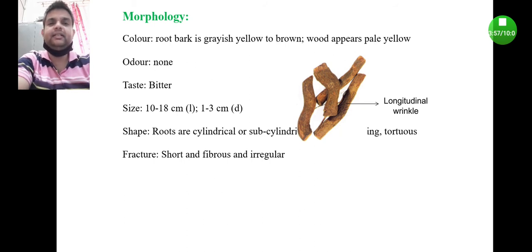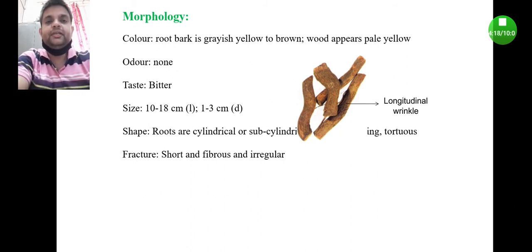Odor: generally the dried root does not have any odor, whereas the taste is bitter due to the presence of alkaloid. Its size is 10 to 18 centimeter in length and 1 to 3 centimeter in diameter. The shape: roots are cylindrical, or sometimes sub-cylindrical.